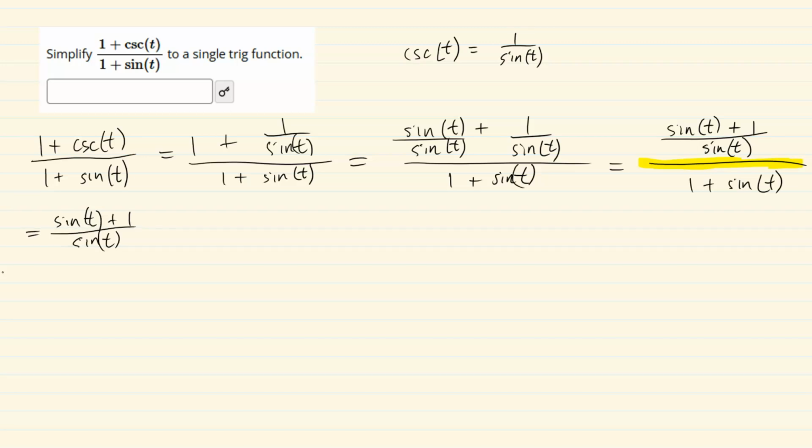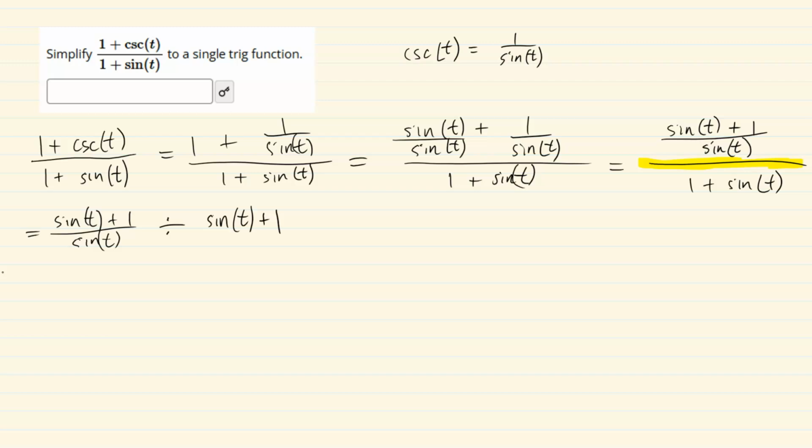And what I highlighted in yellow, I can just turn that into a division. Actually, I'm going to put it like this: sine of t plus 1. Notice that I just reversed them. It doesn't matter what order we put them in. 1 plus sine of t or sine of t plus 1.